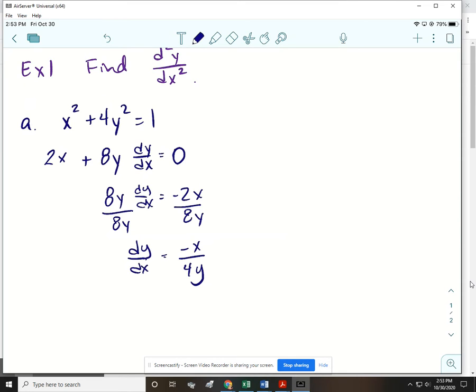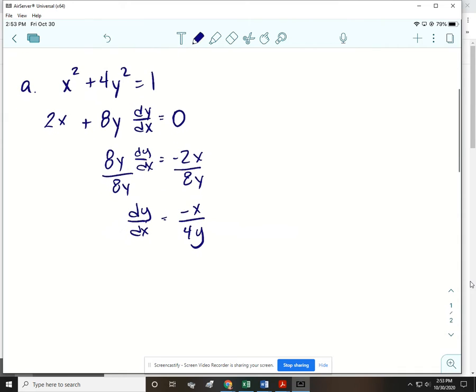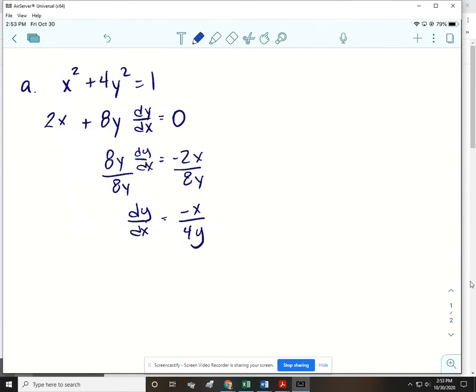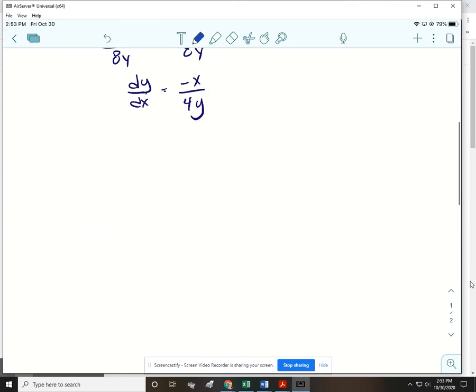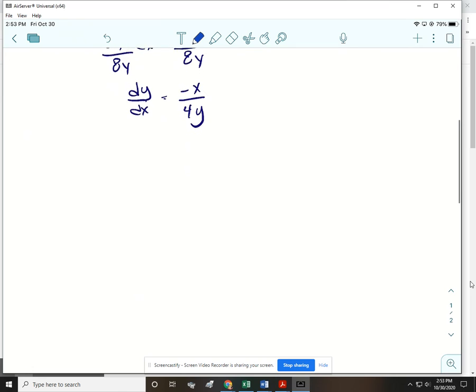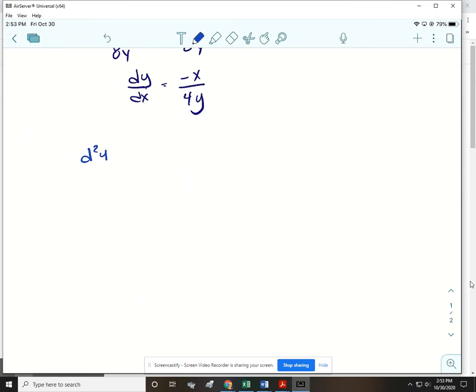All right, so that is review. Now we want to find the derivative of the derivative. On this, we're going to have to use the quotient rule.